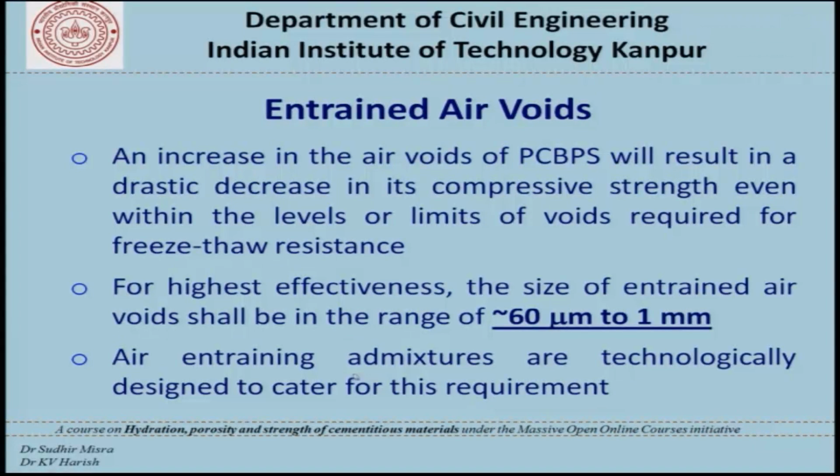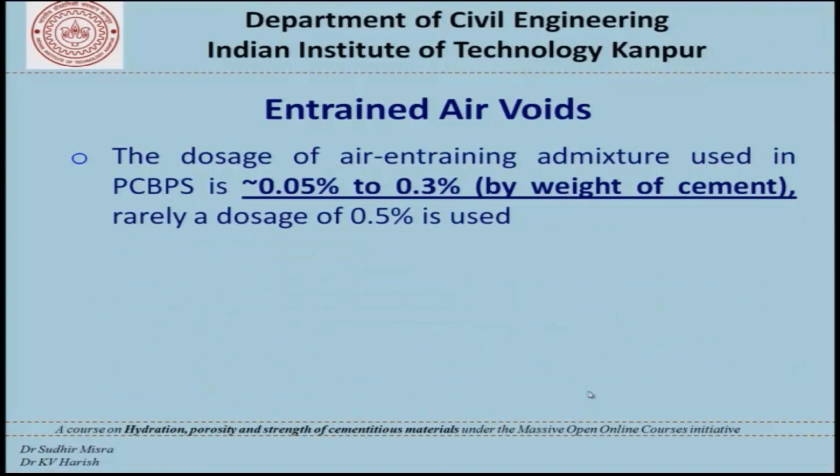That means that air entraining admixtures are capable of producing entrained air voids exactly in this size range. The typical dosage of air entraining admixture used in the Portland cement based paste system usually ranges from 0.05% to 0.3%, and this is with regard to the weight of cement that is used in the mixture. Rarely the dosage can exceed 0.5%.